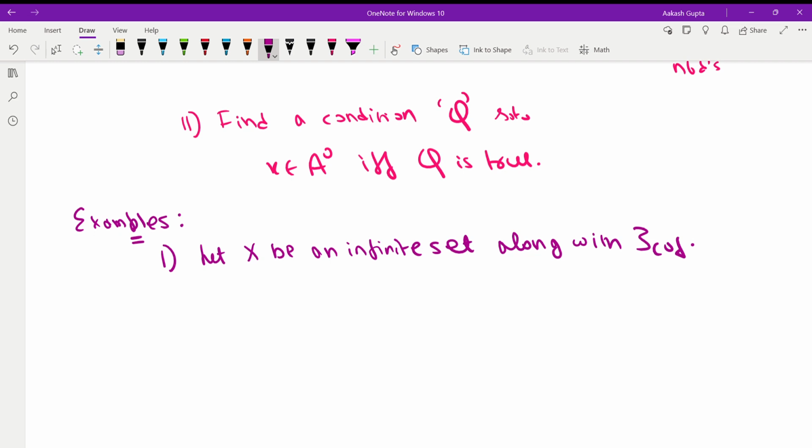I mean, it's a cofinite space, the space with cofinite topology. Let us consider A contained in X to be any infinite set.